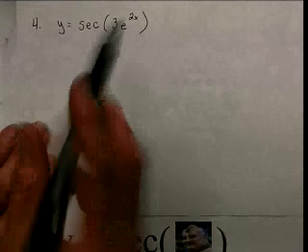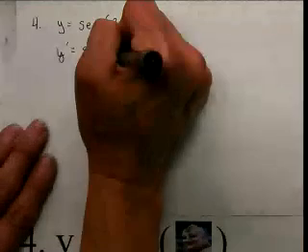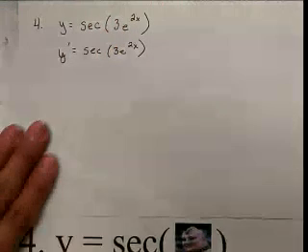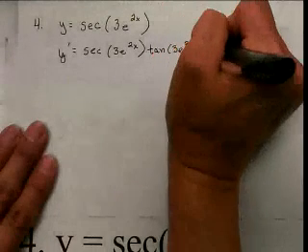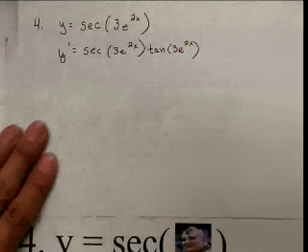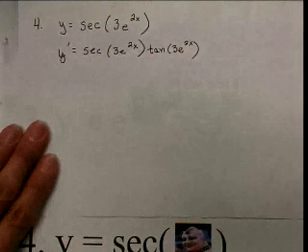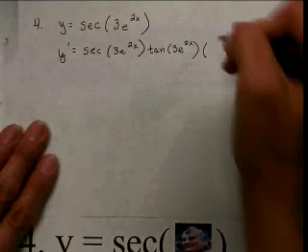This is secant ugly. So y prime is secant ugly, tangent ugly. Then what? The derivative of the ugly would be what? 3e to the 2x.